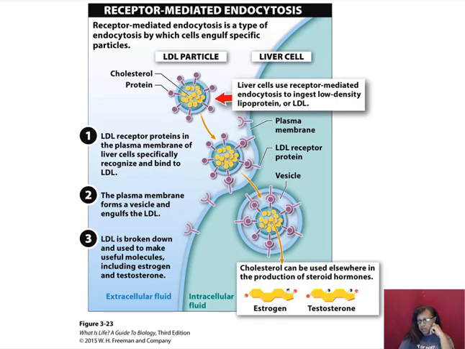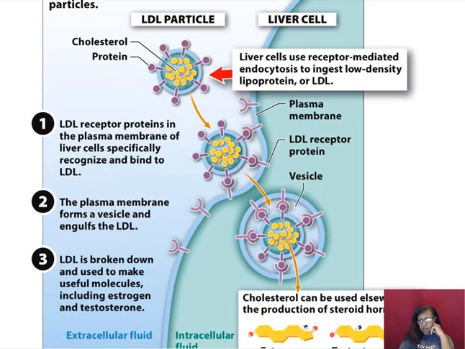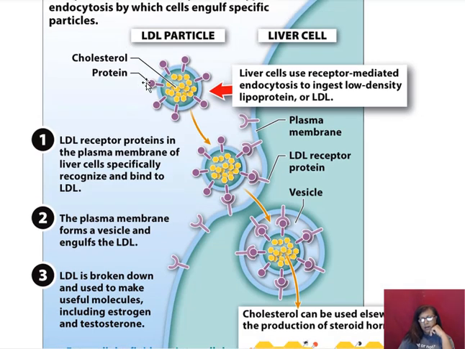Let me see if I can zoom in so you can get a much closer look. The LDL receptor that we see here, the receptor proteins are on the plasma membrane of the liver cells, and they specifically recognize and bind to LDL.